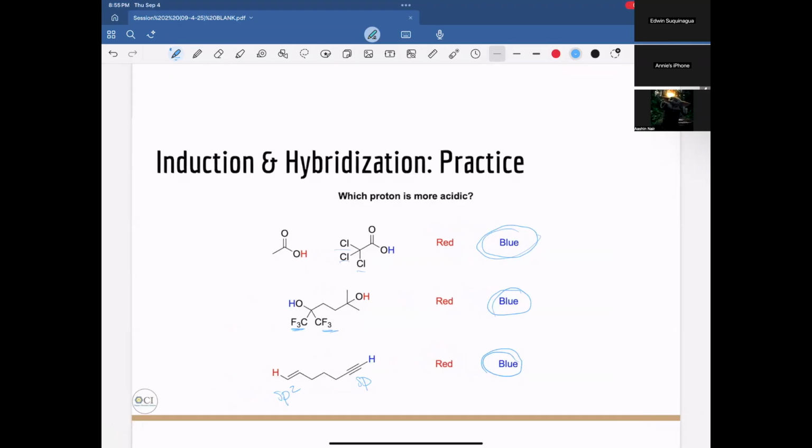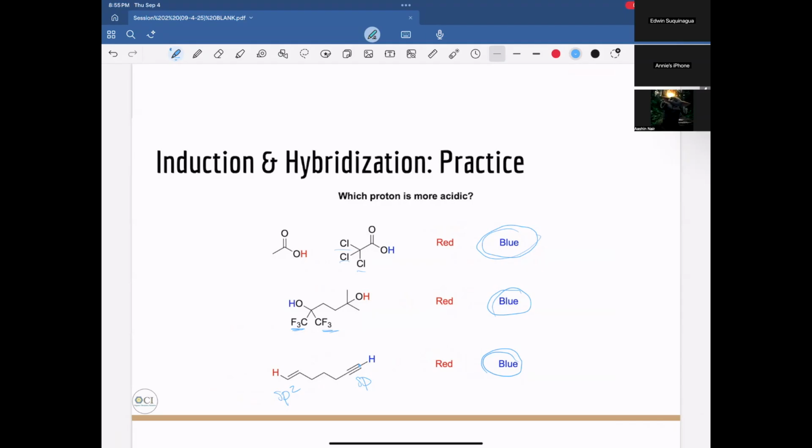So when you're looking at hybridization, you want to look at how many different electron domains or electron groups are around it. So we'll look at the end carbon right there. We have two electron domains, one of which is the hydrogen and the other is our other carbon that we're triple bonded to. But there's only two separate groups that we're connected to. So if we have two separate groups, that's SP.